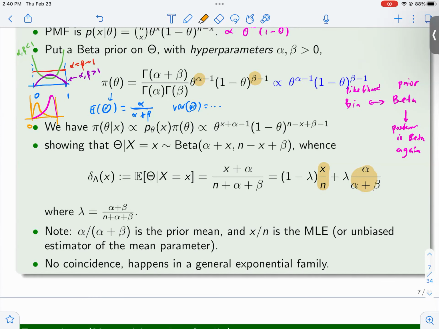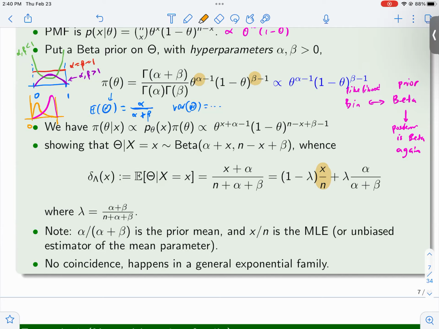So our prior had a mean, and I'm trading off that with the maximum likelihood, which is completely determined by the data. The data comes in, and it pulls the mean of the posterior away from alpha over alpha plus beta, which is the prior mean, towards x over n.